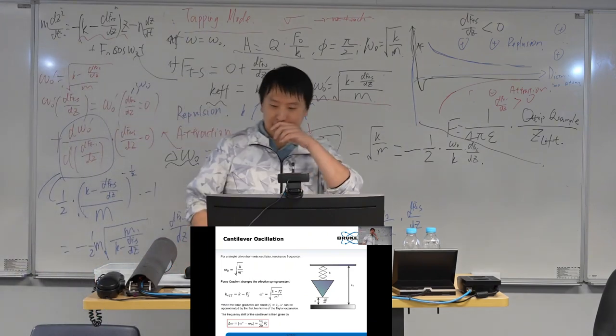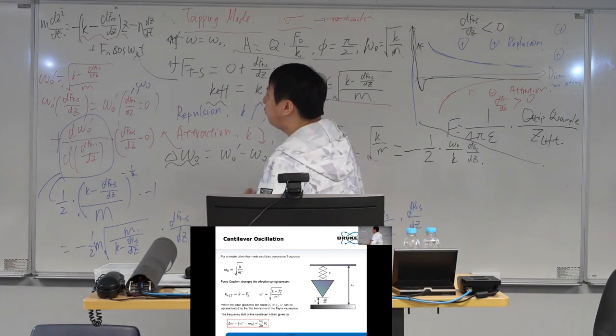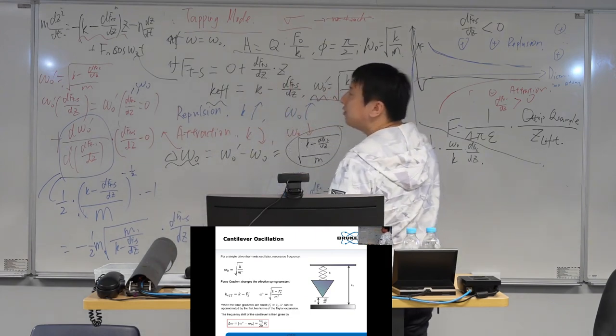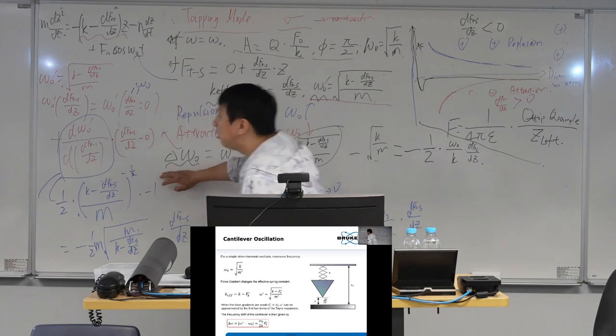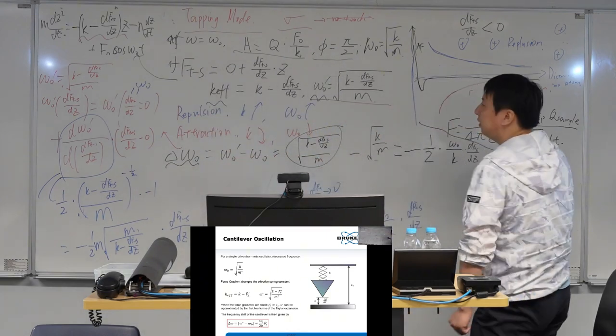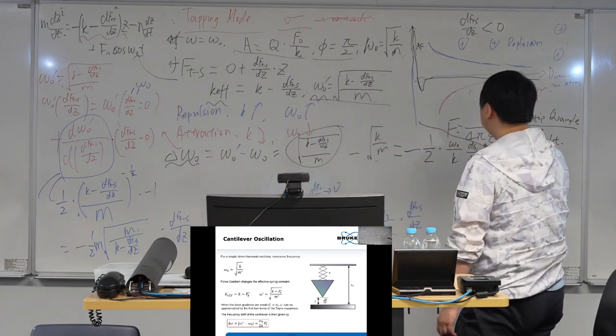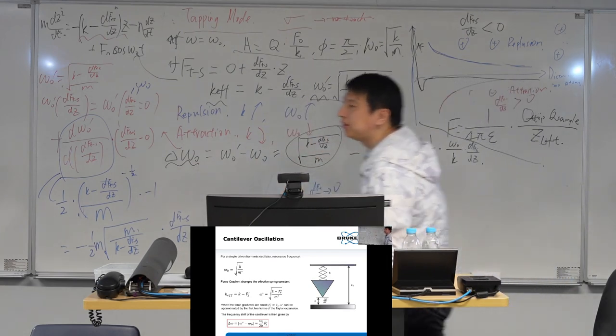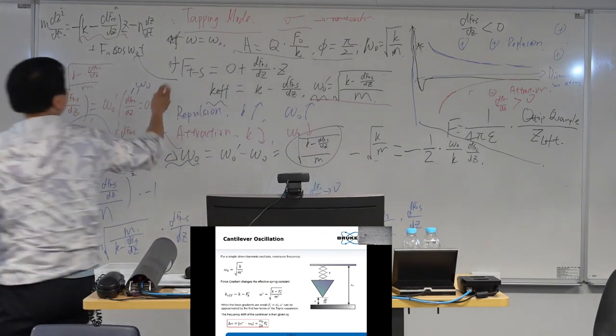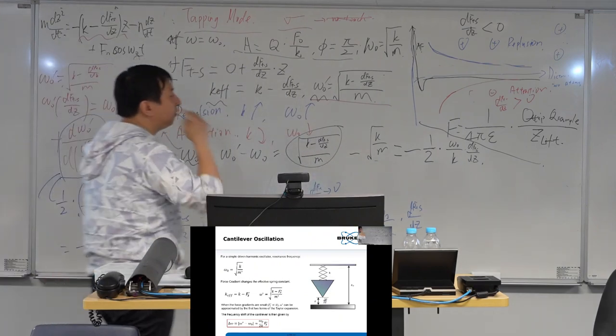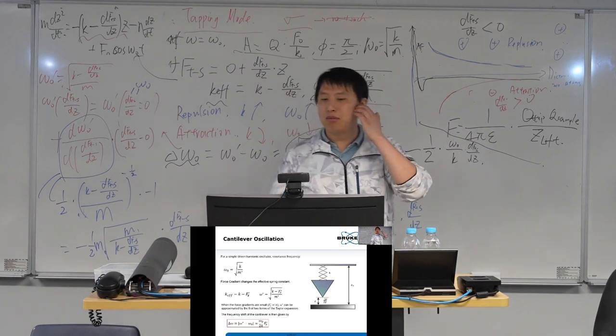So the final detection is: if we measure the resonance frequency change, we can get the force gradient from the resonance frequency shift. That's how we detect the electric field force in the AFM setup.